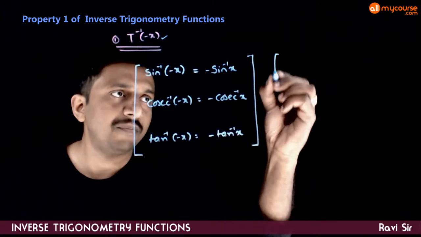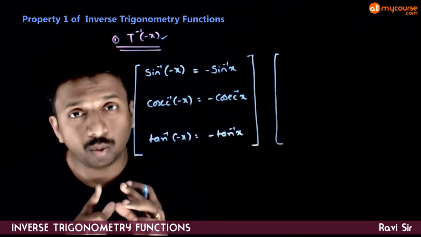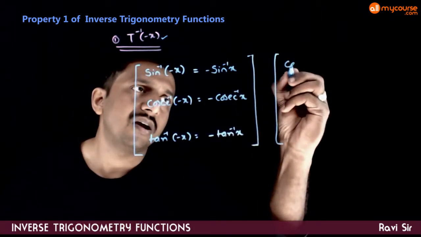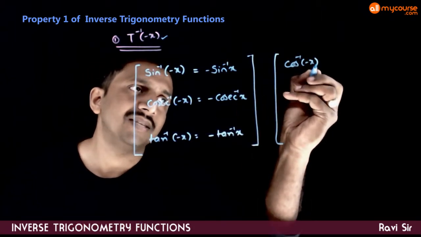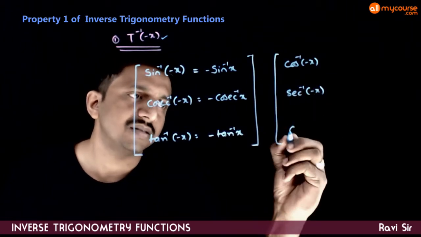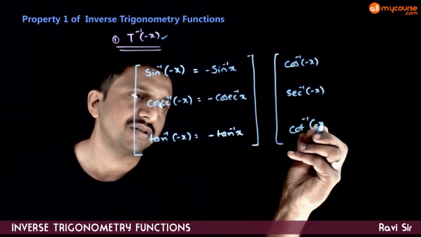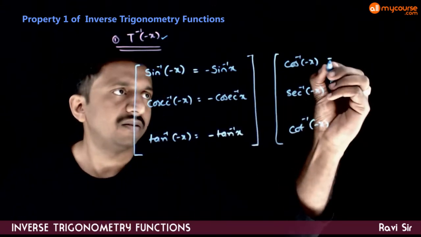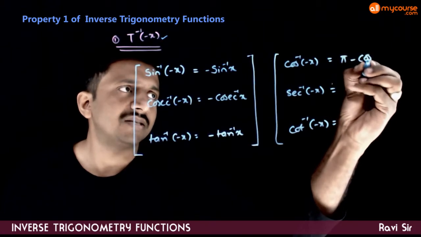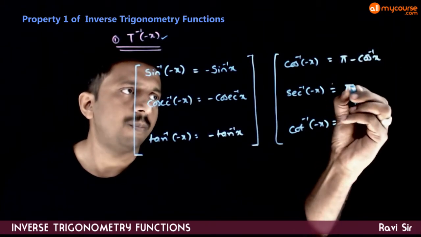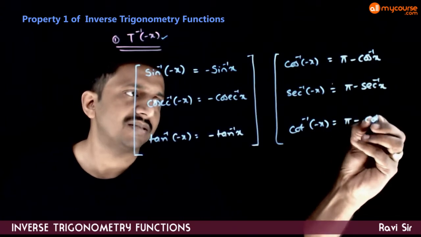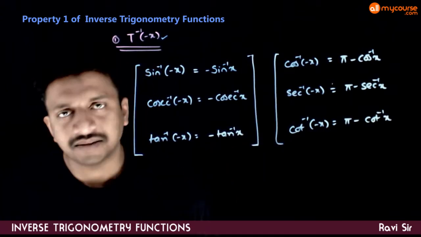And corresponding to the remaining three functions, whose ranges are related to 0 to pi, we have cos inverse of minus x, secant inverse of minus x, cot inverse of minus x. So the formulas are pi minus cos inverse of x, pi minus secant inverse of x, pi minus cot inverse of x.